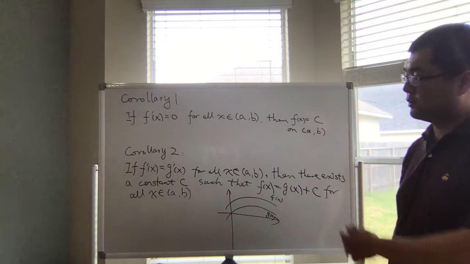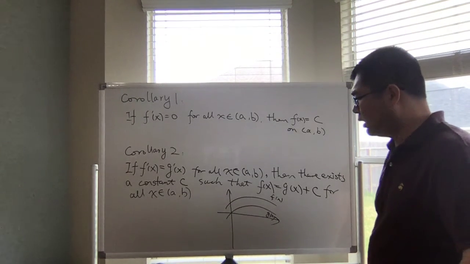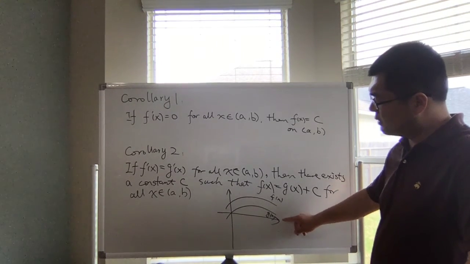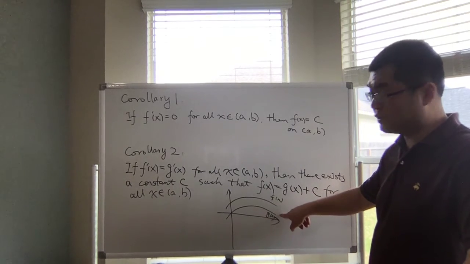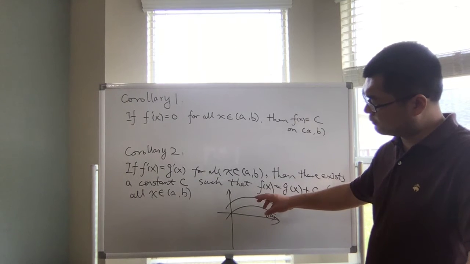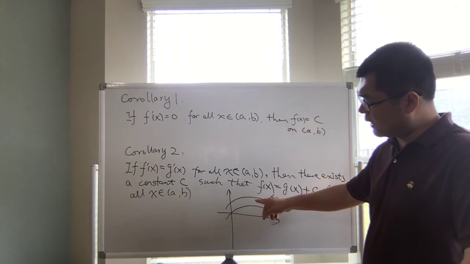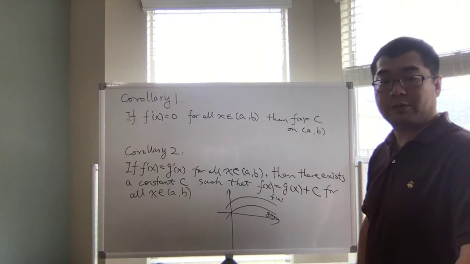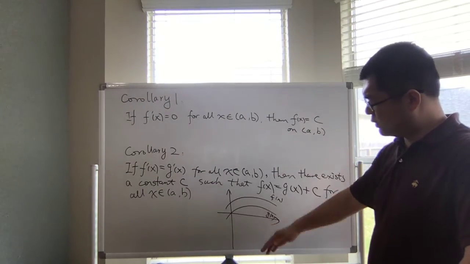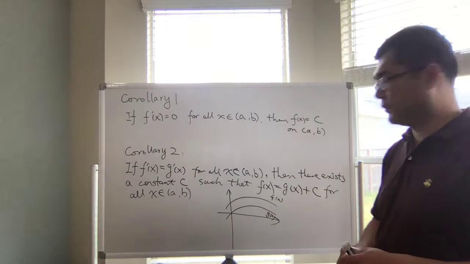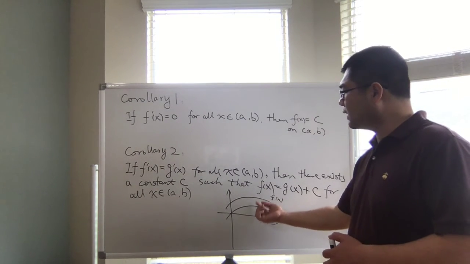And to explain the second corollary, a graph might be helpful. So look at this graph. I have two functions, f(x), g(x), and you'll agree that what I did is basically either lift the g(x) up some units, or push f(x) or drag f(x) down to g(x). In other words, there is just a lift.